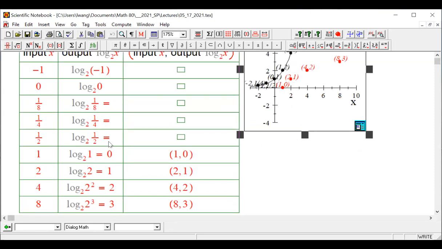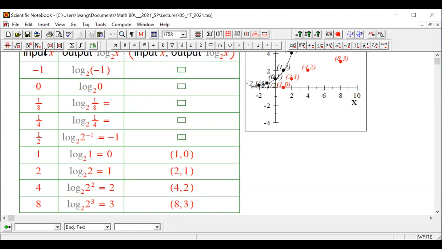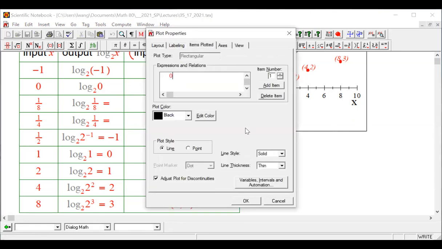So what is the log base 2 of half? What does that equal to? Well, log base 2 of half is 2 to the power -1. So the answer is -1. So the next point is the input is half, the output is -1. We're going to mark this point on the graph as well.